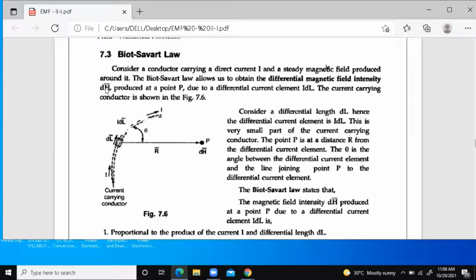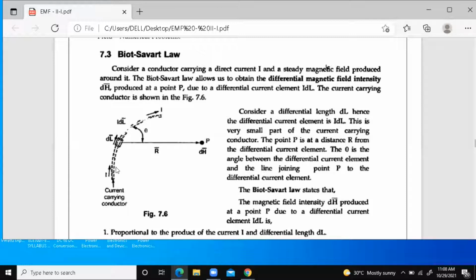So the magnetic field intensity, dH, produced at a point P due to a differential current element, I dL. So here is your differential length, and your current is flowing through that. So your differential current element is I dL.